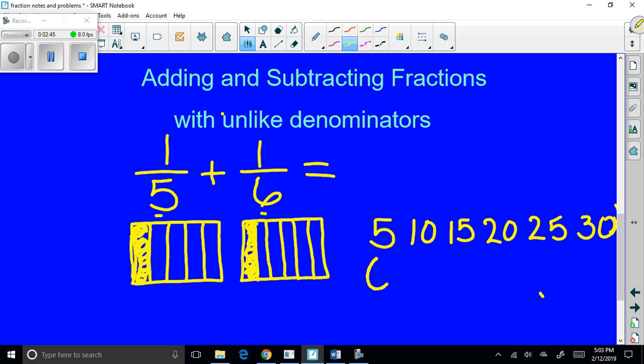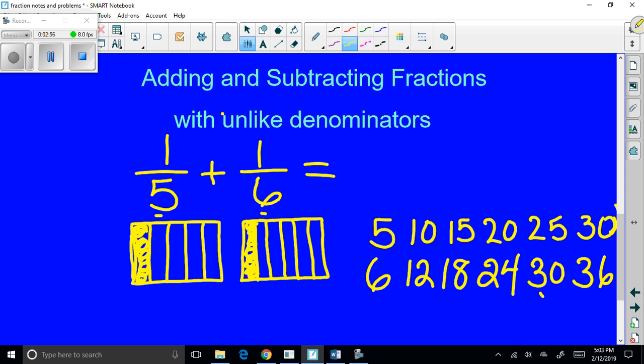So if I do 6, I have 6, 12, 18, 24, 30, and 36. I don't have to do more because I can see that both numbers have the multiple 30 in them.